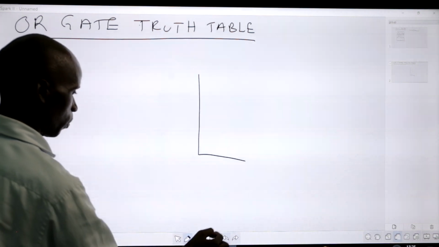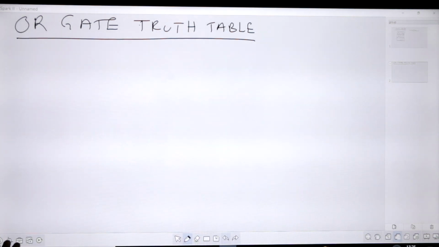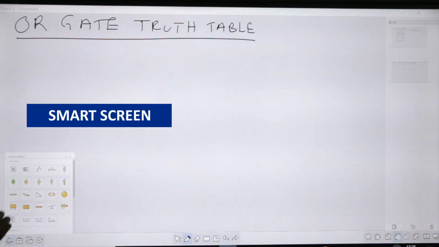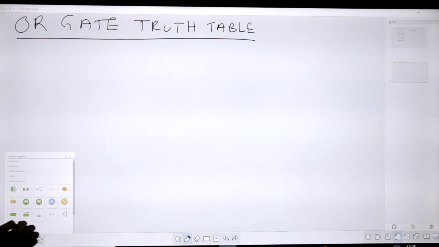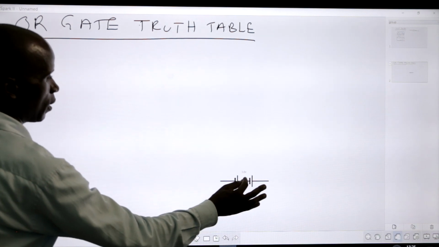Let me just perhaps give it a bulb. That's my battery. So what we had was something like this.